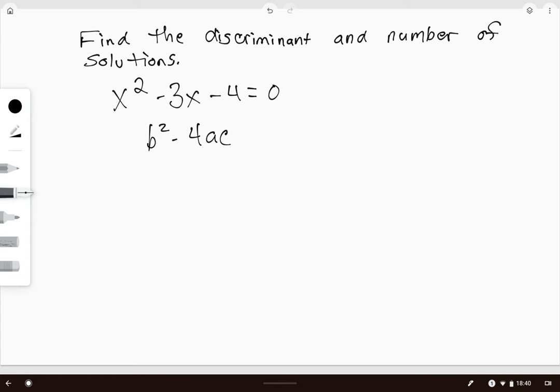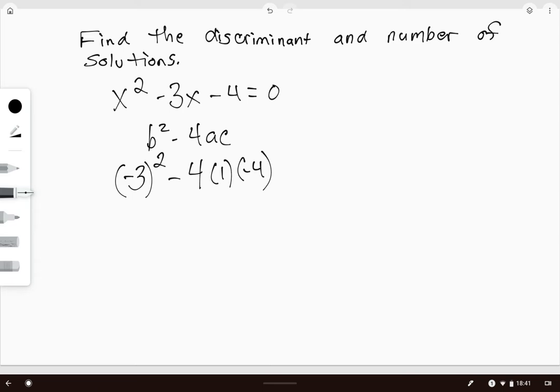So I'm just going to simply look at this quadratic function, pull out my terms, plug them into this formula, and find my discriminant. So my b term is negative 3. So I have negative 3 squared minus 4. My a term is going to be 1. And then my c is negative 4.